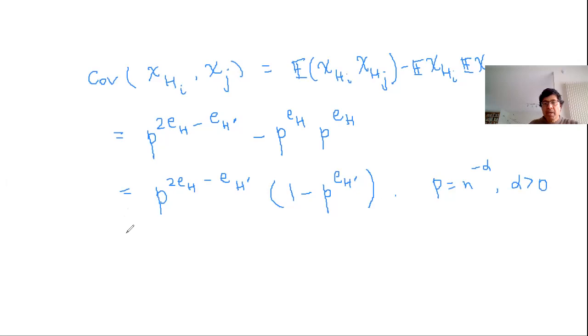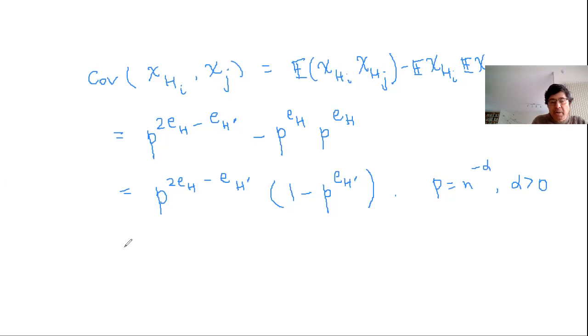So p is going to 0, so p to the EH prime is also going to 0, as long as EH prime is at least 1. The cases where EH prime is 0, we already know the covariance, that's 0. They are independent. So in all the cases that are of interest to us, EH prime is positive.